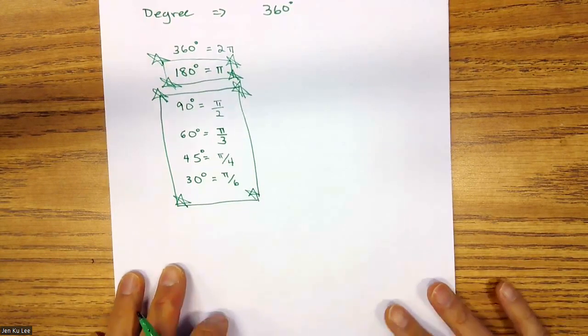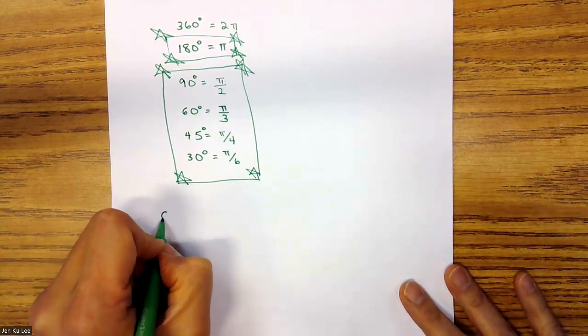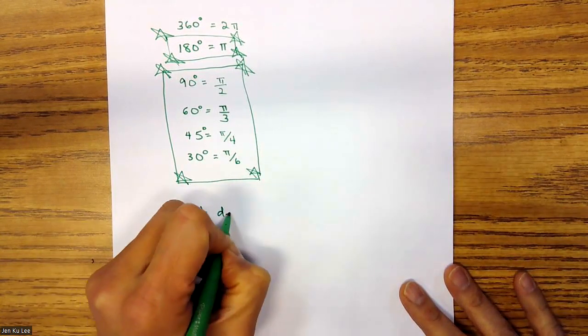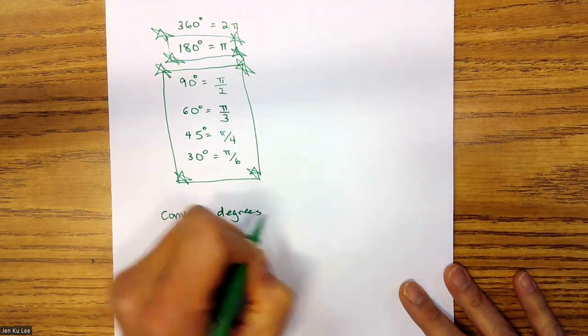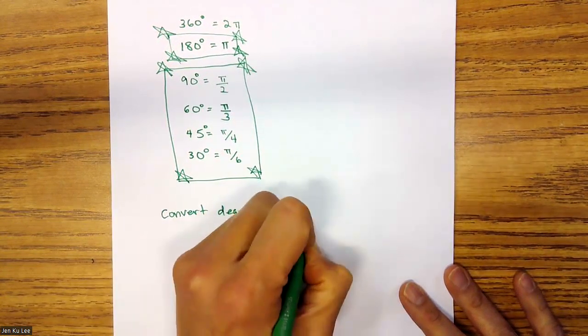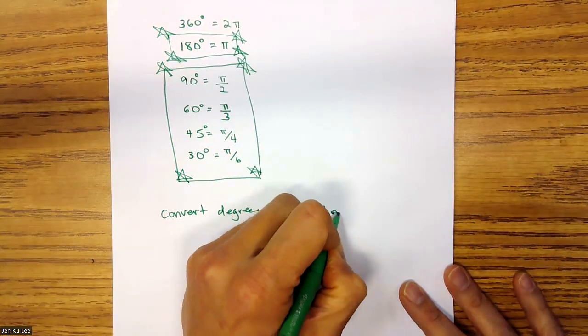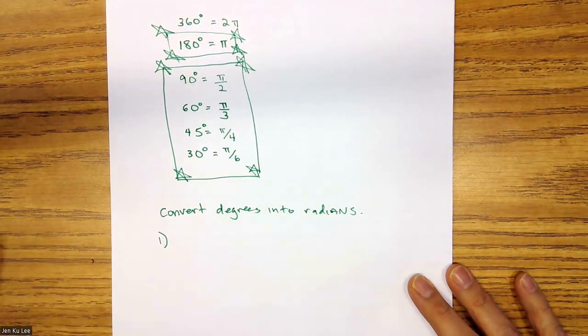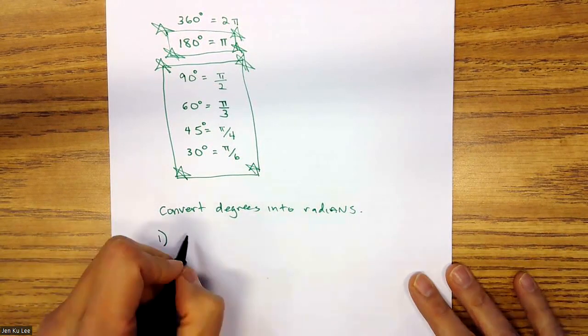So if I give you, let's say, convert degrees into radians. Let's say the first one is 150 degrees.